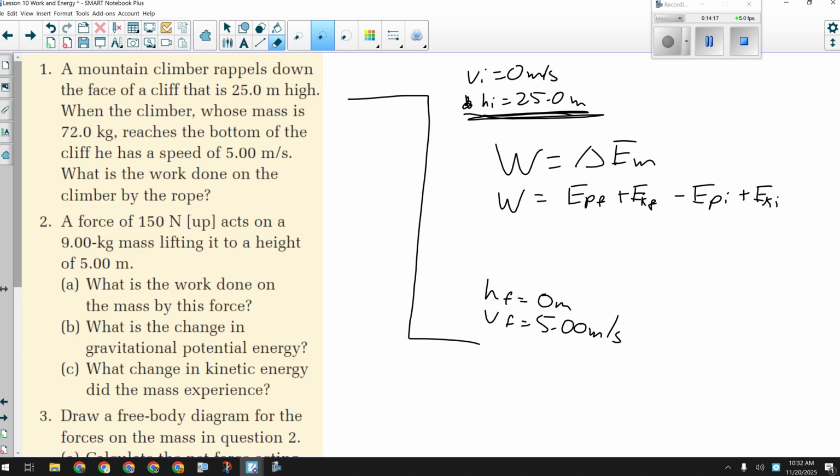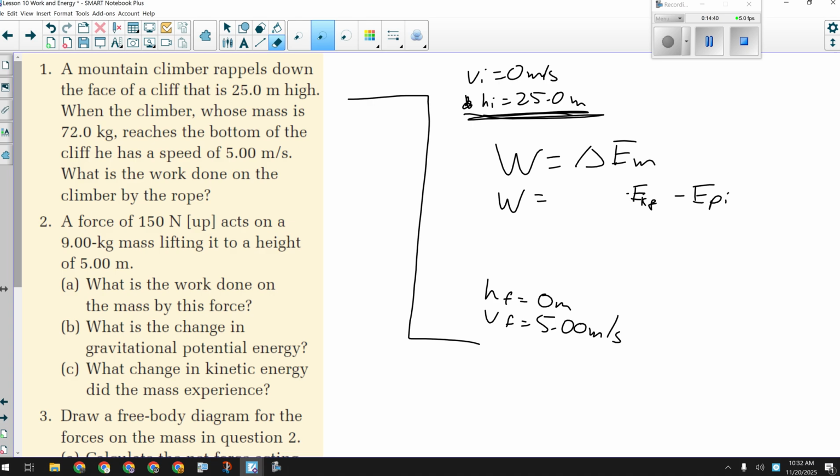Well, pretty sure I can get rid of this one. Since the final height is 0, I can't fall any further, so I don't have any final potential energy. And initially, I'm not moving, so that means I don't have any kinetic energy either. Well, that just means then that my final kinetic minus my initial potential tells me the work.